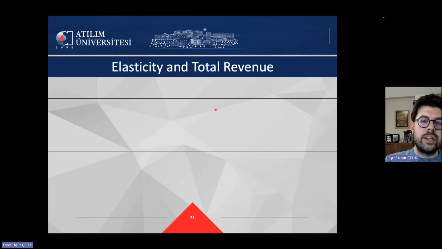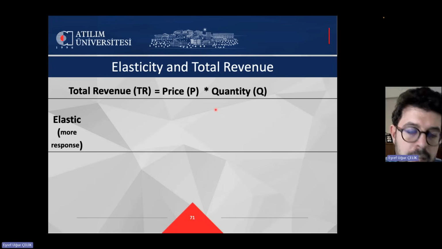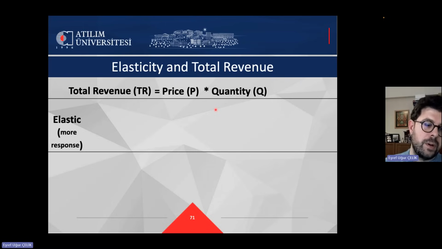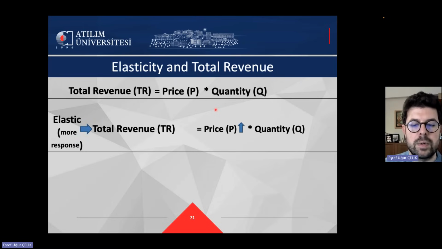Then we talk about the relationship between elasticity and total revenue. The total revenue formula is equal to price multiplied by quantity. We can look at elastic and inelastic goods. Elastic goods means that if I punch you, you punch me back more. The reaction is more. So for an elastic good, when the price becomes higher, the quantity demanded becomes lower, and the reaction is more.